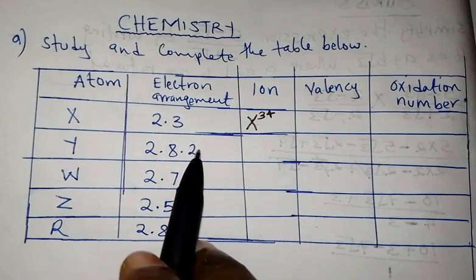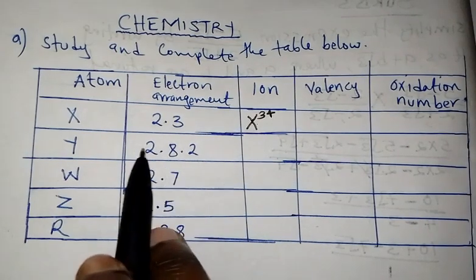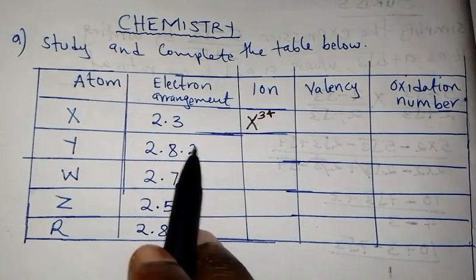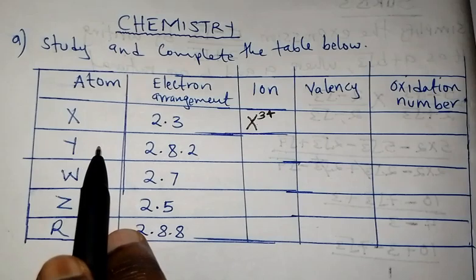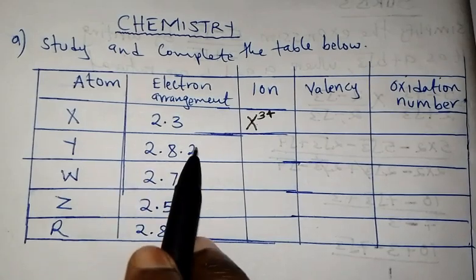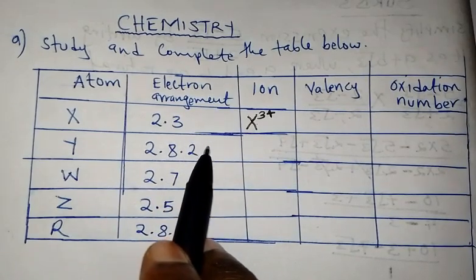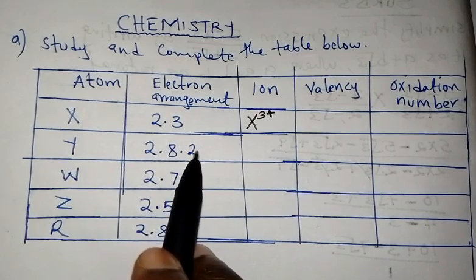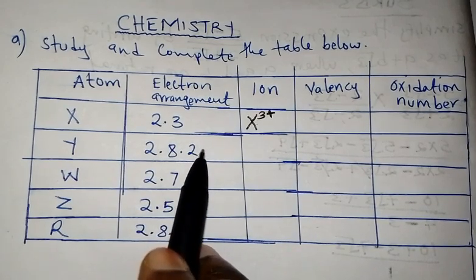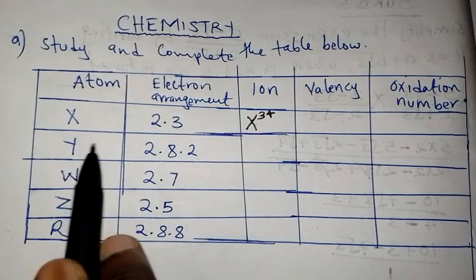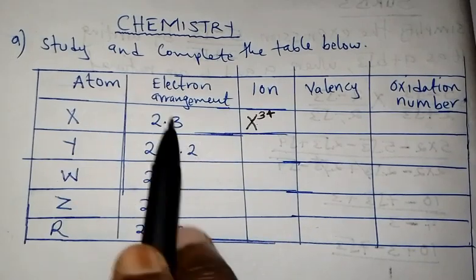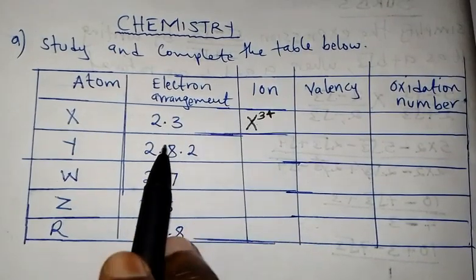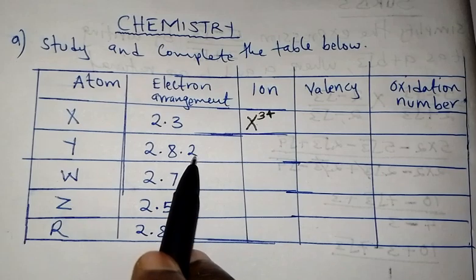So, is it easy for this atom to gain 6 electrons or lose 2 electrons? Again, gaining 6 electrons requires a large amount of energy compared to losing 2 electrons, which tells us that for the atom Y to be stable, or for it to form an ion, it is going to lose what?